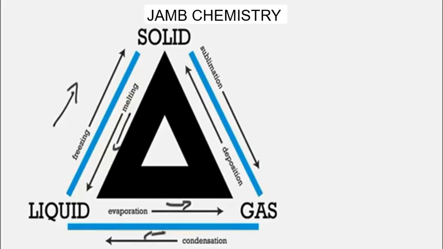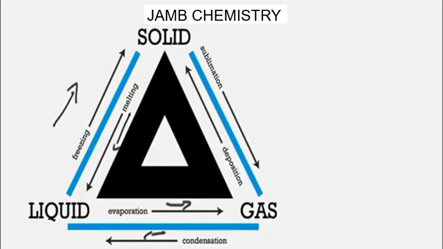Now, when matter changes from gas to liquid, that's this arrow here, we call it condensation. For instance, when you are boiling something and you close the kettle or the pot, the heat produces vapor, but the vapor coming out will not be able to escape.